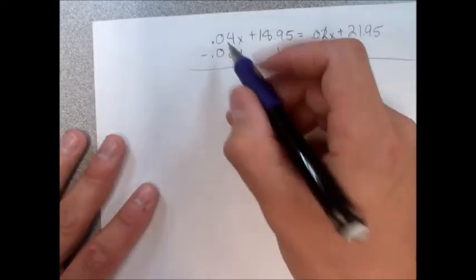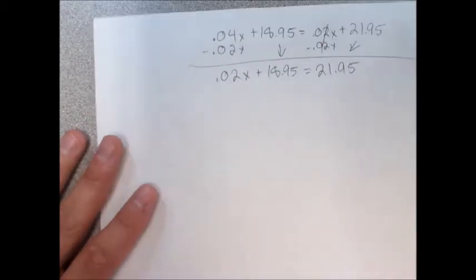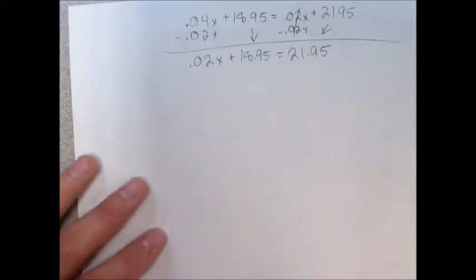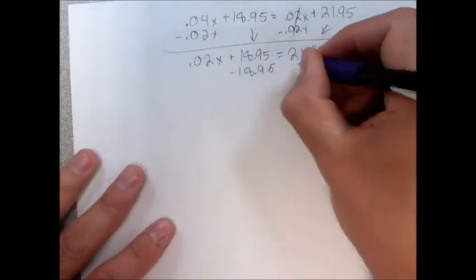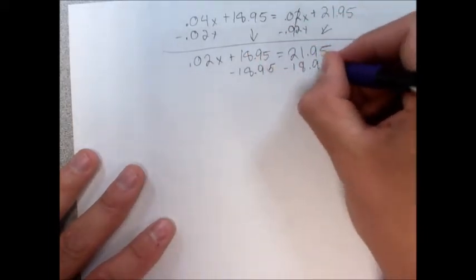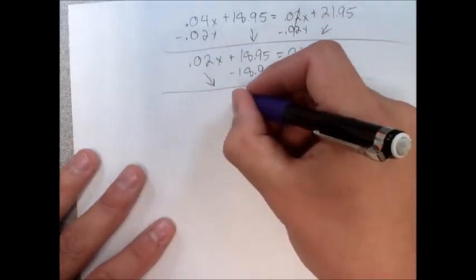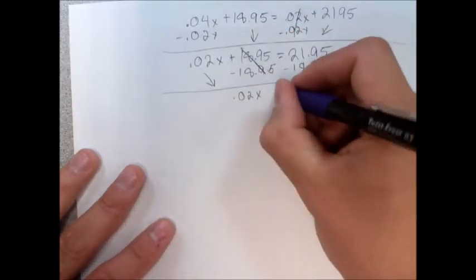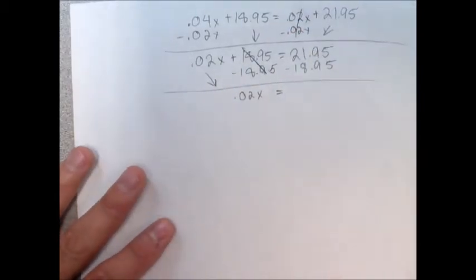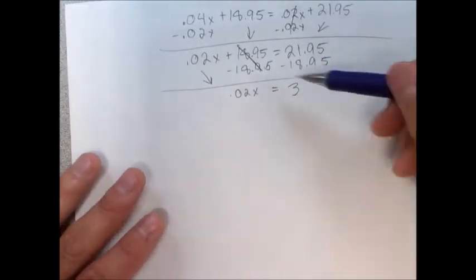And now I have 0.02x over here. And next step. Subtract 18.95 from both sides. That works out kind of nice. So all I have left on my left side is 0.02x because those cancel. And this will equal, I think, 3. But okay, good. 3. Now, that was the subtraction property of equality again.